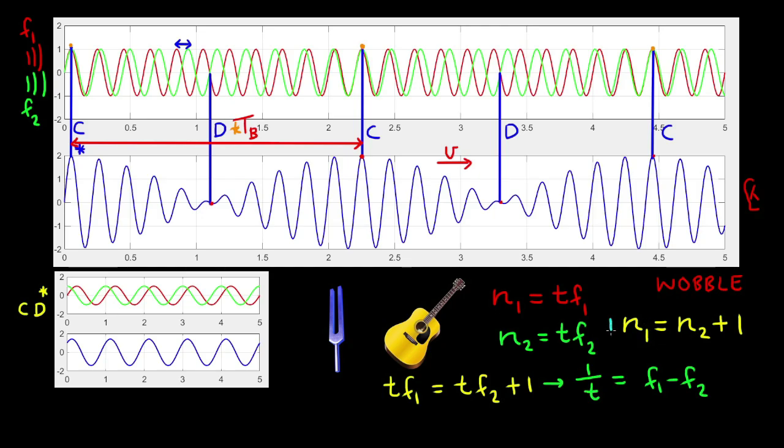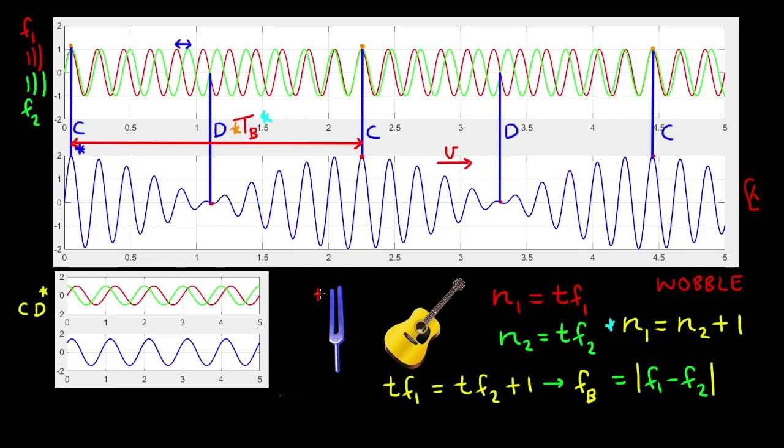So therefore, given this relationship, t is the beat period, and therefore 1 on t is the beat frequency. And we take the absolute value in the case where F2 was greater than F1. So this tells us the beat frequency is the difference in frequencies of those two waves.